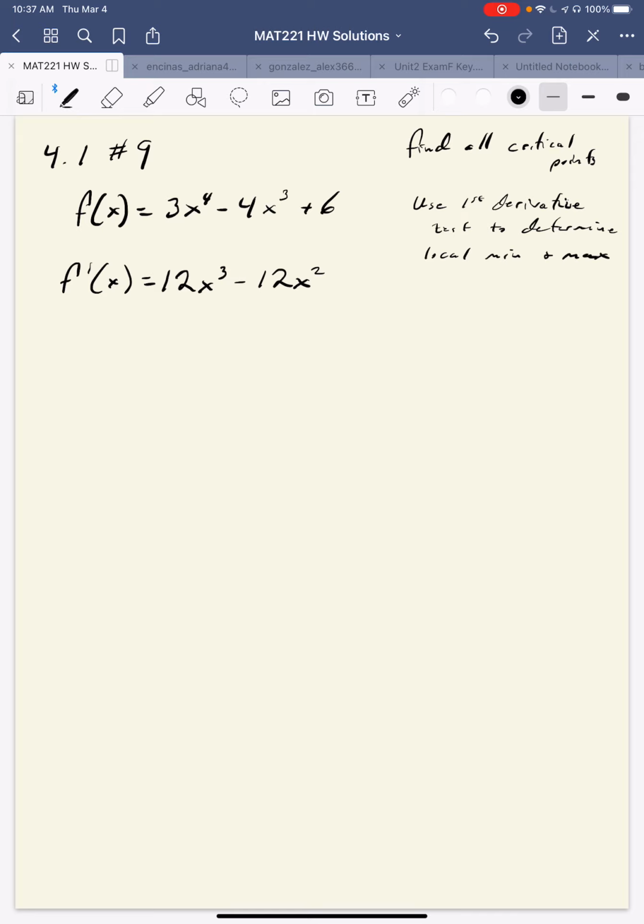I can factor this and get 12x squared multiplied by (x minus 1). The reason I want to factor it is because I'm trying to find the critical points, so I'm going to set the first derivative equal to 0.